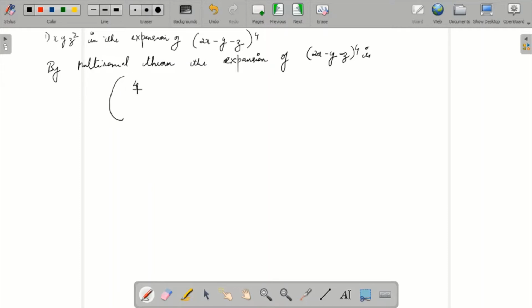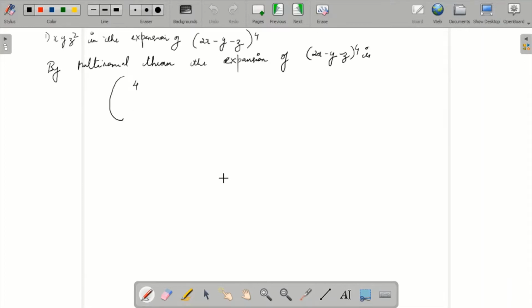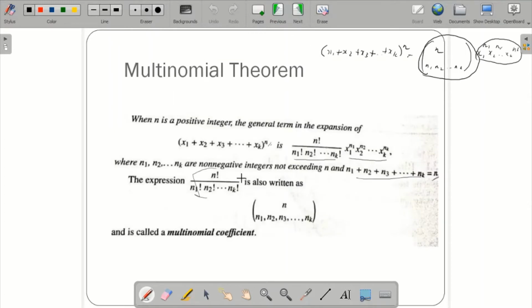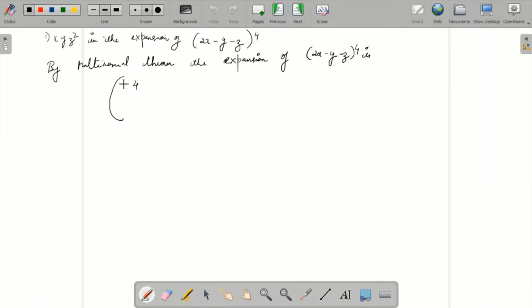What are n1, n2, n3? We don't know. See over here in the theorem itself, we had n factorial, and here it is n1, n2, nk. We don't know the n1 values, we just know the n value, so I wrote 4 over here. Below you just write n1, and since there are 3 terms, write n2 comma n3.